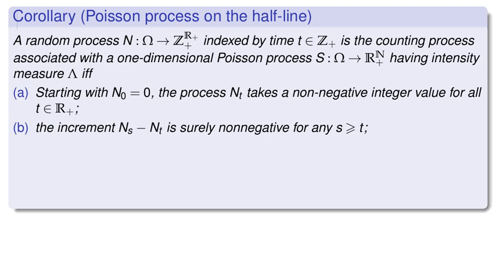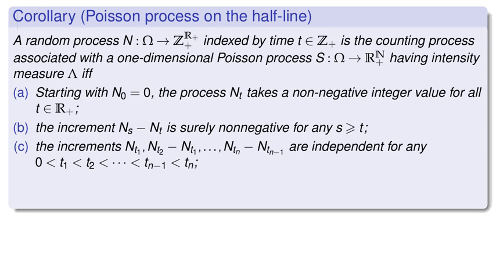A, starting with N0 equals 0, the process Nt takes a non-negative integer value for all t in R plus. B, the increment Ns minus Nt is surely non-negative for any s greater than or equal to t.